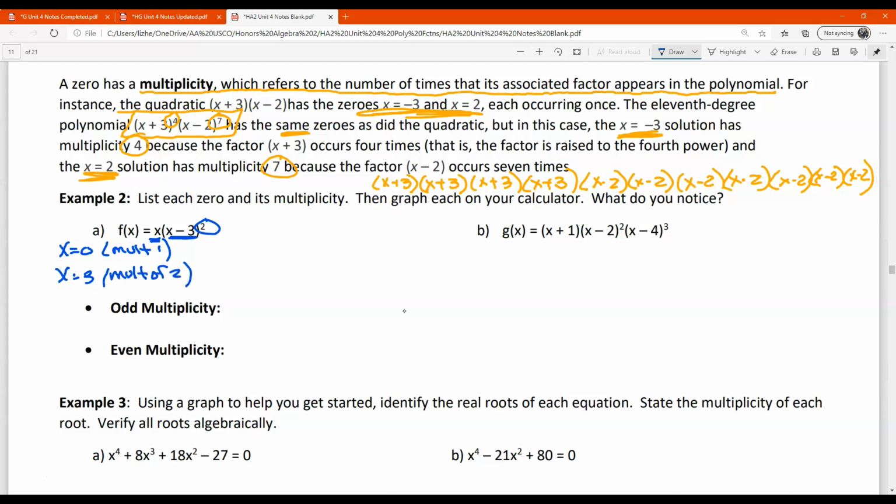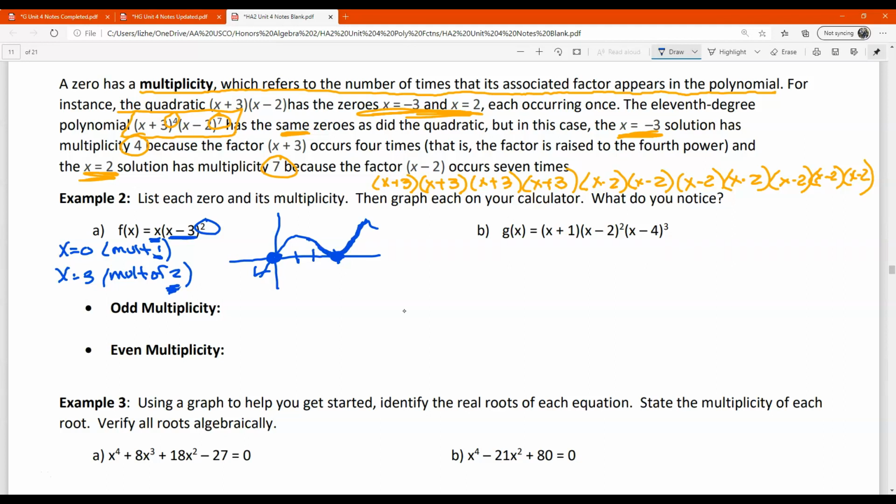And when you graph it, here's 0, here's 3, you are going to get this graph. The 0 at x equals 0 is a regular 0. The graph goes straight through, and it had a multiplicity of 1. This, though, had an even multiplicity. And notice how the graph touches it but bounces.